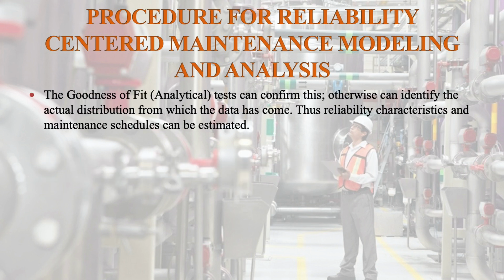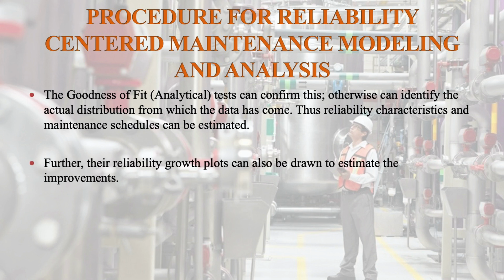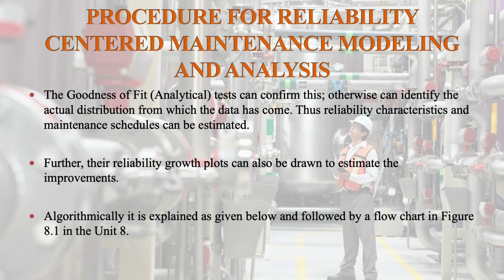The goodness of fit analytical tests can confirm this, otherwise can identify the actual distribution from which the data has come. Thus, reliability characteristics and maintenance schedules can be estimated. Further, their reliability growth plots can also be drawn to estimate the improvements. Algorithmically, it is explained as given below and followed by a flowchart in figure 8.1 in unit 8.